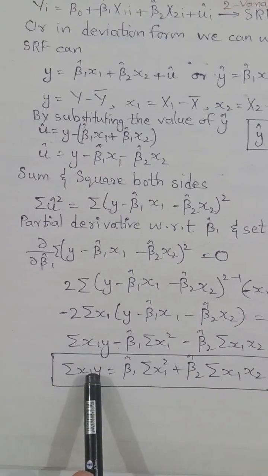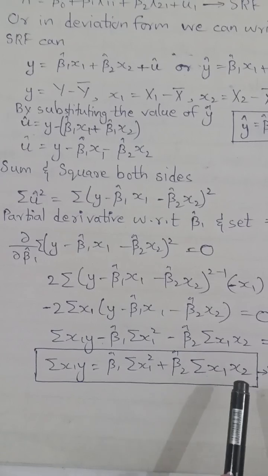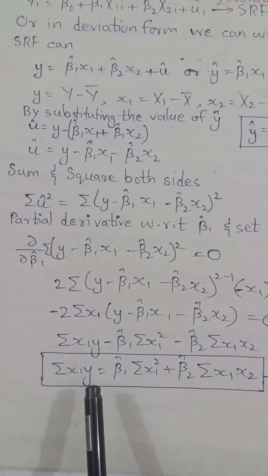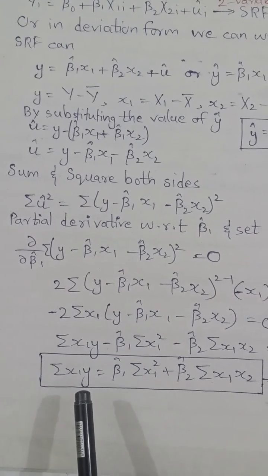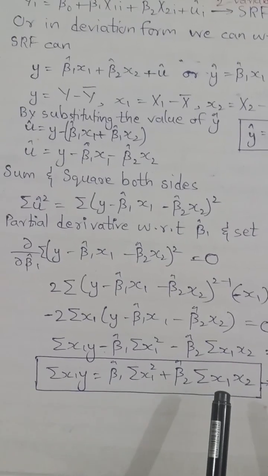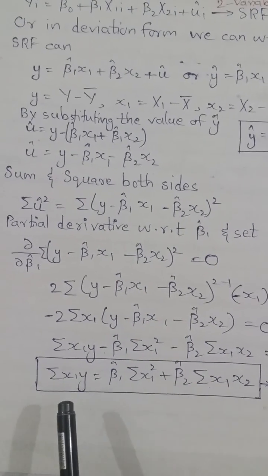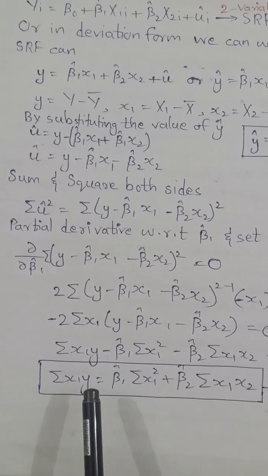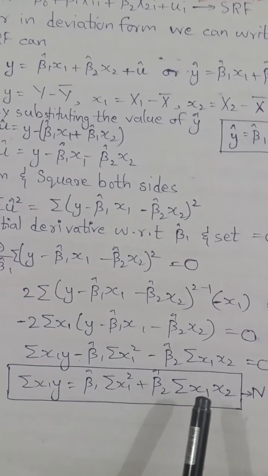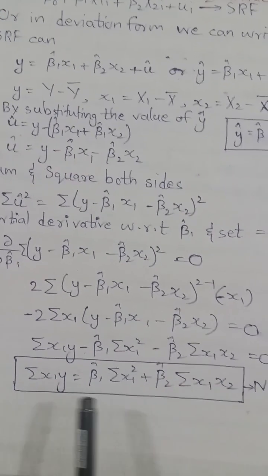Remember that these x and y variables are in the deviation form. From now, all the variables will be in the deviation form, no variable will be in the actual form. So x1, y and x2 are all in the deviated form.